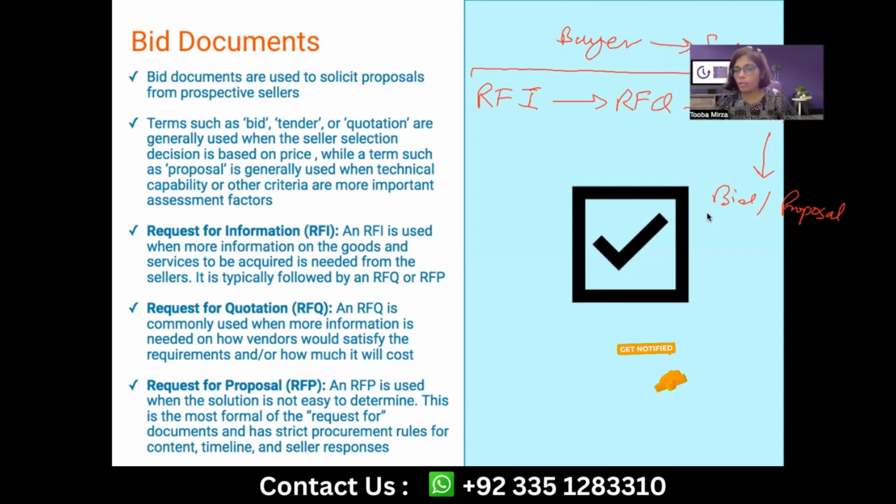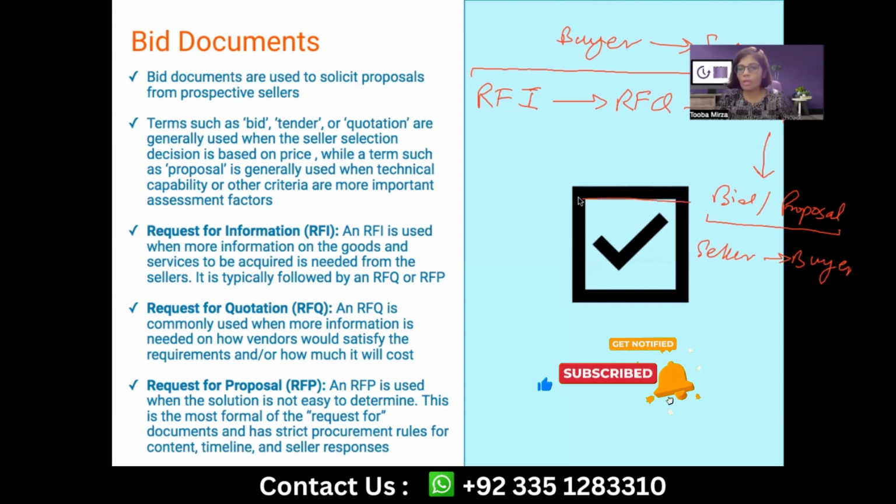And the bid or the proposal document as a response to the RFP goes to the buyer from the seller, on the result of which you are going to award the contract to the selected vendor.